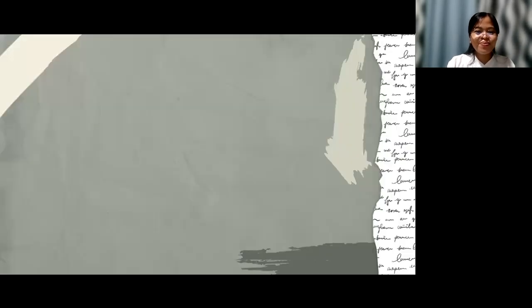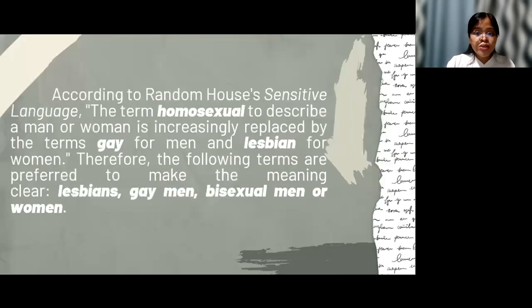Let us continue. According to Random House sensitive language, the term homosexual to describe a man or woman is increasingly replaced by the terms gay for men and lesbian for women. Therefore, the following terms are preferred to make the meaning clear. I want you to take note of this: lesbians, gay men, bisexual men, or women.